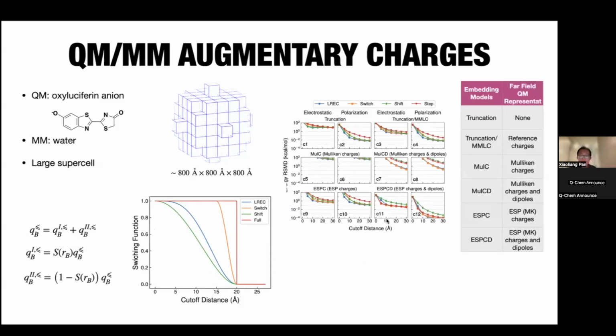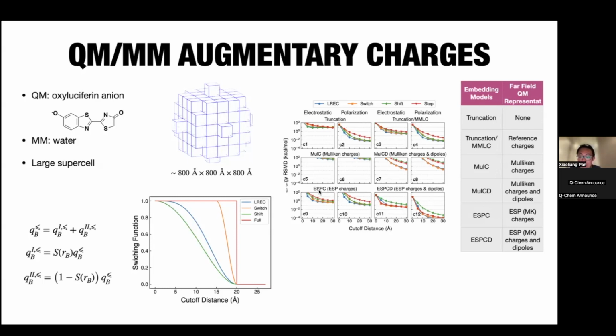And we also test several charge models to represent the QM atoms. We benchmark the results here: not including any long range part, or using some fixed charge, or Mulliken charge, or ESP charge to represent them. And the story here is that the Mulliken charge and also the truncation did poorly with respect to the electrostatic interactions and also the polarization.